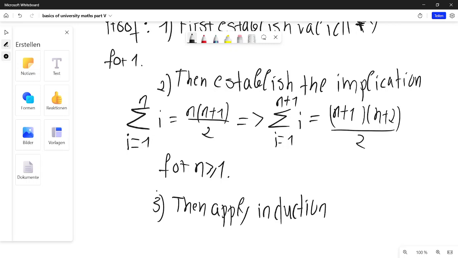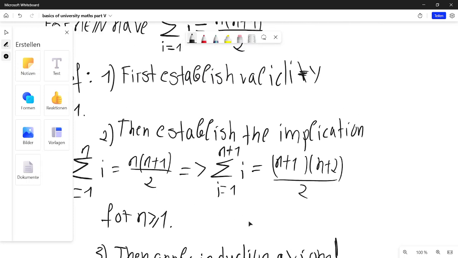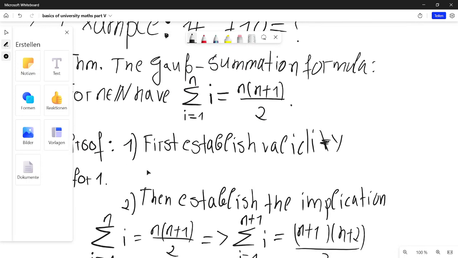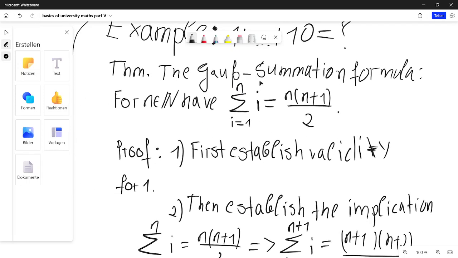Induction axiom. Because we found a number for which this statement, a statement about a natural number, namely that the sum up to this natural number, of the numbers from 1 over the natural numbers in between, is actually equal to this expression depending on n.